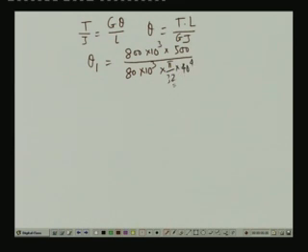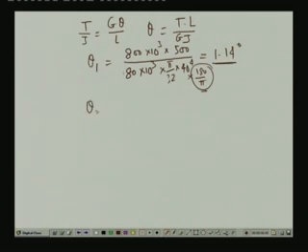So, pi d to the 4 by 32. This will be in radian, and if we multiply that by 180 by pi, that will give us the value in degree. So, this comes out as 1.14 degree.